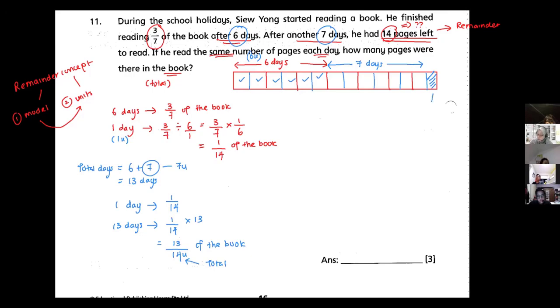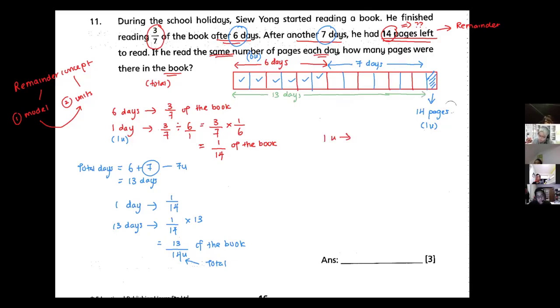That leftover is your 14 pages, or this is 1 unit. Okay, and if we double check, all this is 13 days. Okay, like that.